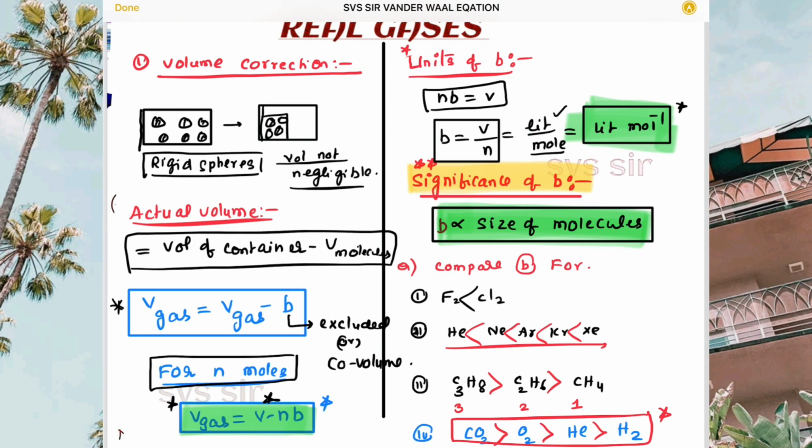So, very important, volume correction: volume of the gas equals V - nb. b is called excluded volume or co-volume. b is directly proportional to the size of the molecule. Units important, liter per mole. Size is more, b is more.